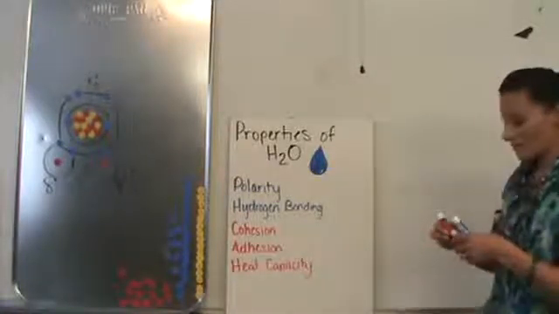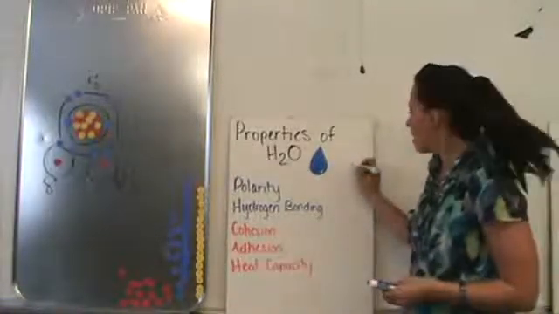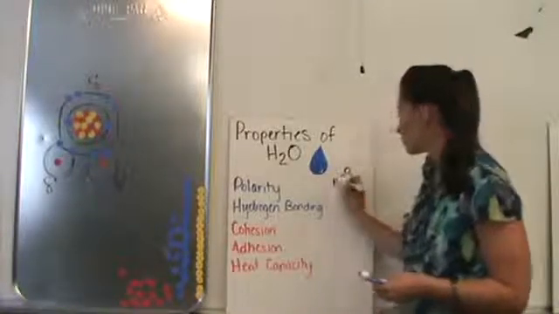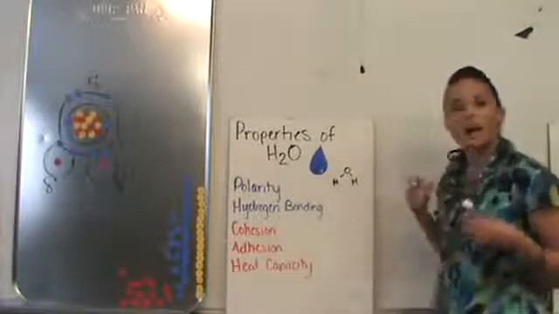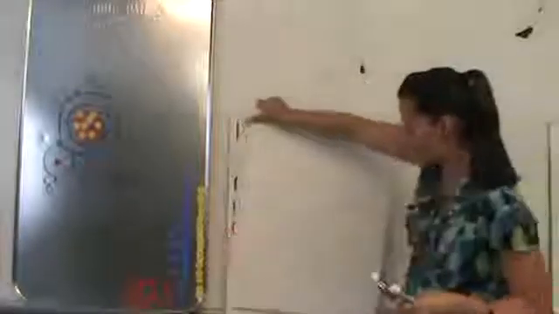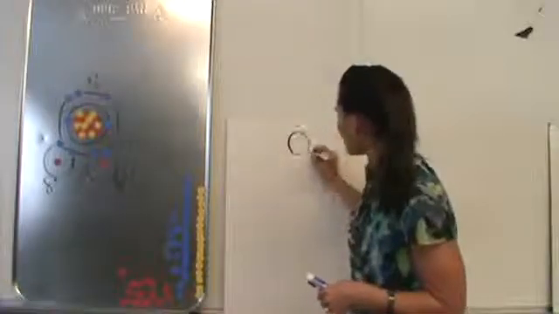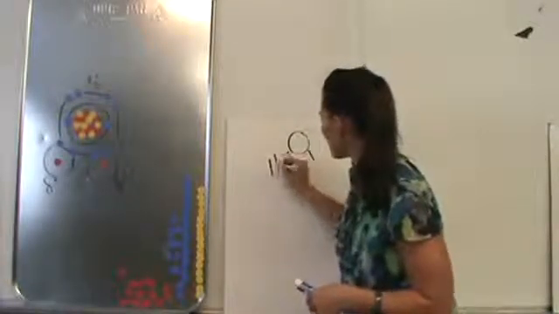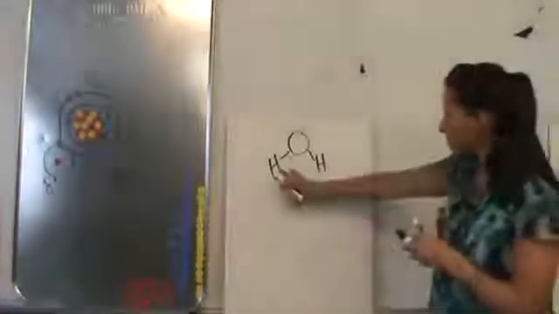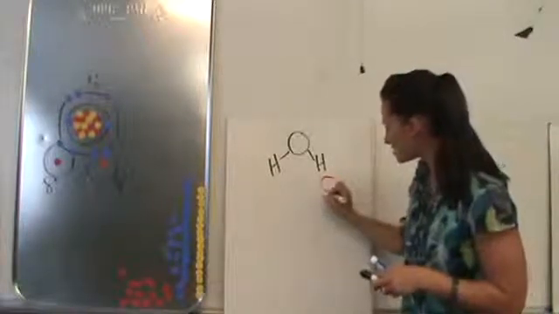Okay? This polarity actually leads into something called hydrogen bonding. Because we have our slightly positive and our slightly negative sides, our oxygen actually likes to bond with our hydrogen of other water molecules. So if I bring in actually an extra board here, we have our oxygen molecule here at the top that's joined with our 2 hydrogen molecules. So this is our water molecule. Now another water molecule comes in, and this hydrogen actually gets attracted to the oxygen.